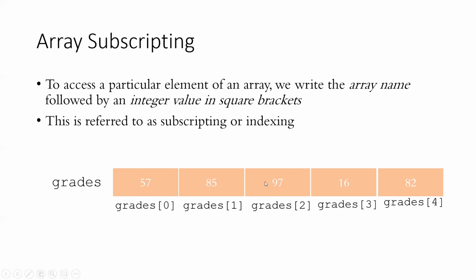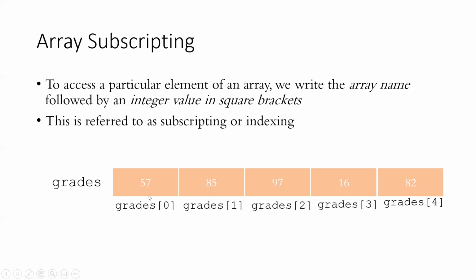Suppose we have these elements of the array grades that are conceptually arranged one after the other. If you remember before, in order for us to access an element of an array, we need to specify its position in the array. In this case, 57 is the first on our array, and we index it as 0.